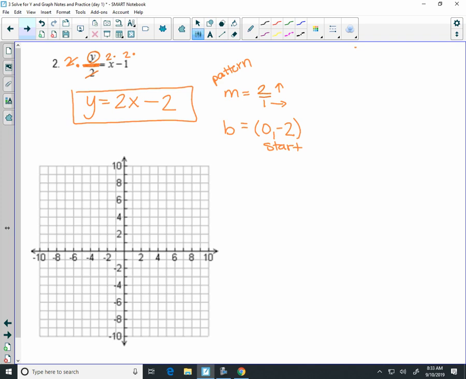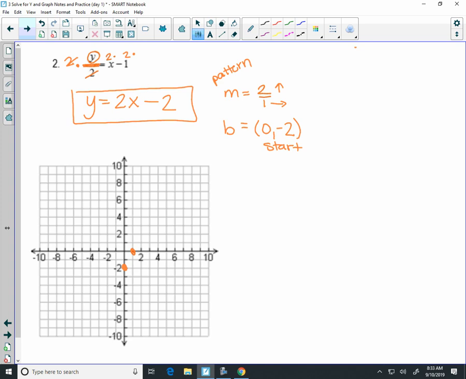The little extra directions I'm writing down I think are really helpful. If you write it, you're just helping your brain process that in a different way. Okay, so I'm going to start at negative 2. Rise over run, I'm going to go up 2, right 1. And those are the 2 points right there that we just plotted that Desmos is going to give you as well.